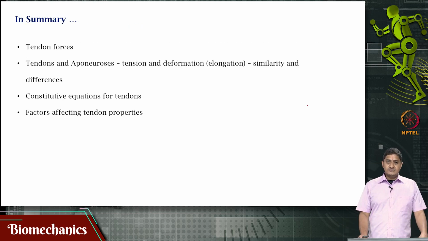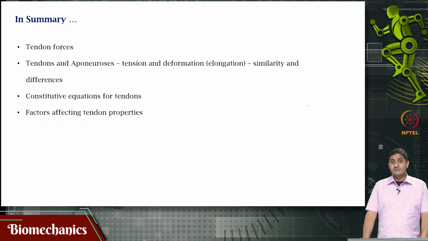So, in this relatively long video, what we saw was forces in tendons. We found that the tendon forces can be huge, sometimes as high as 12.5 times the body weight. The stresses can be very high, 1 square centimeter of a tendon can support 10,000 newtons.